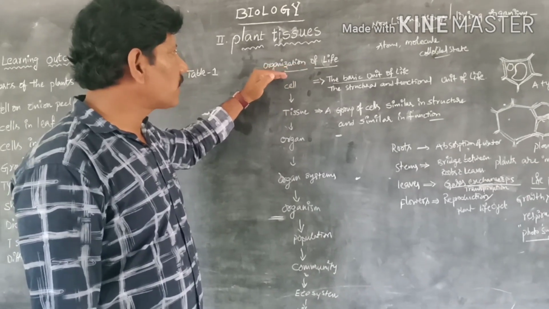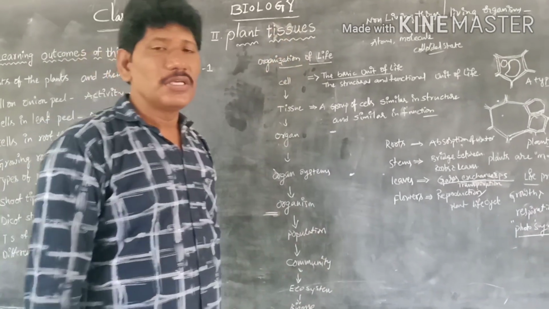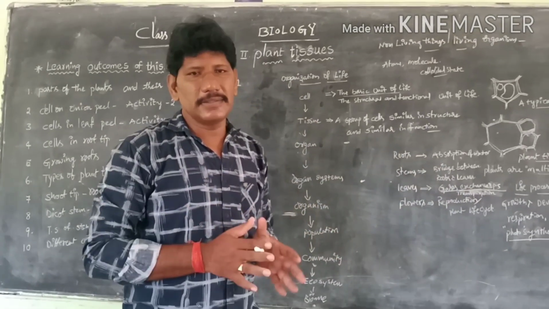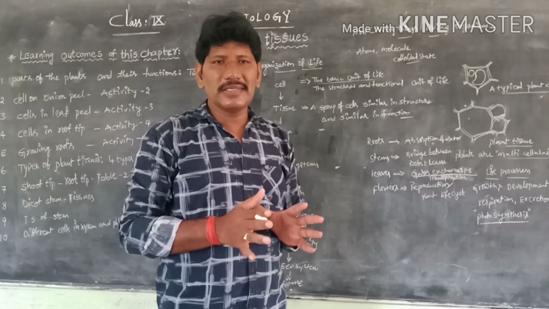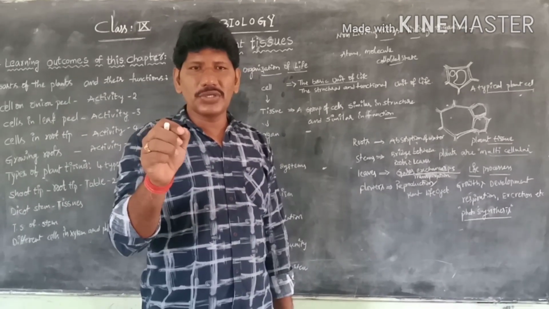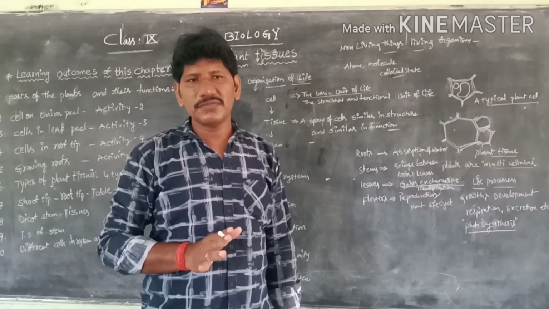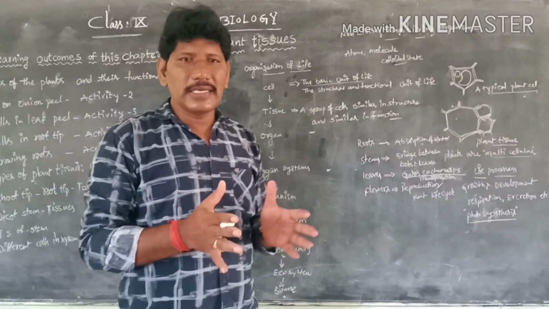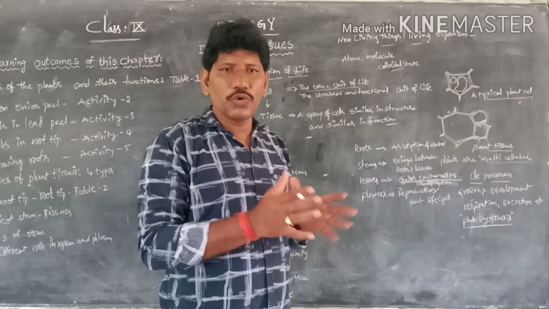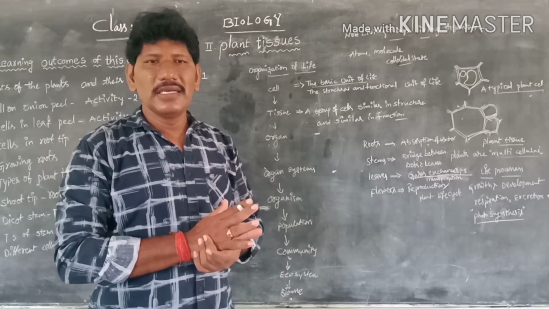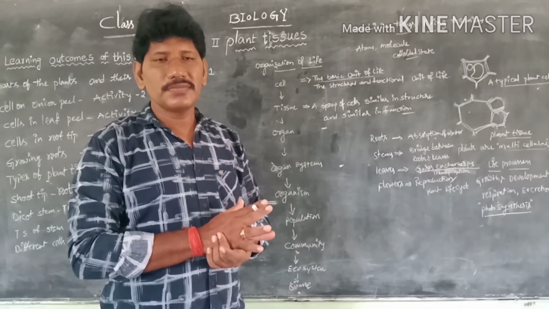Now I would like to explain what is meant by organization. For example, we would like to construct a building. We need raw materials like bricks. If I would like to build a house, only one brick is not enough. We need a group of bricks. A mob of bricks cannot make a wall or a house.